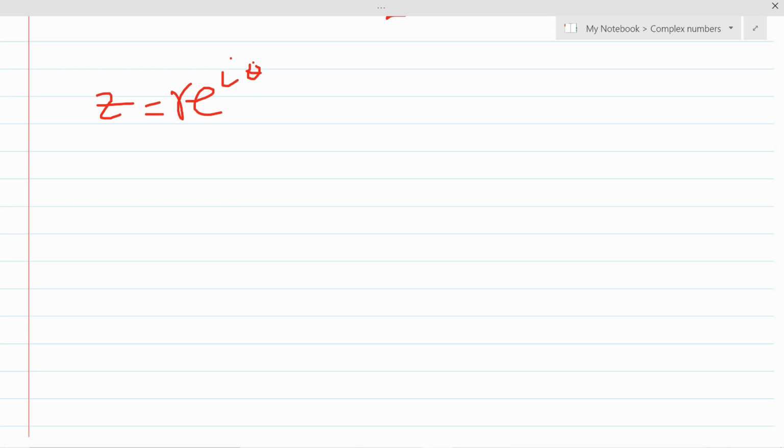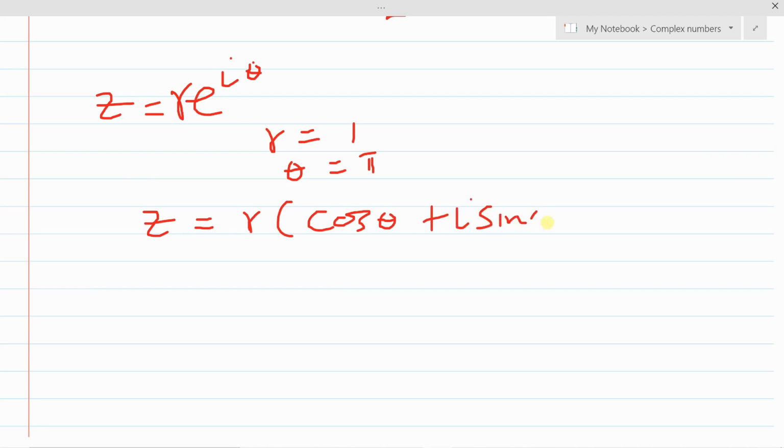Now let's look at a situation whereby we set r equal to 1 and theta equal to pi. If that is the case, then z will be equal to what? r into bracket cos theta plus i sine theta. From this equation, z will be equal to, r is 1, right? So I just put 1.